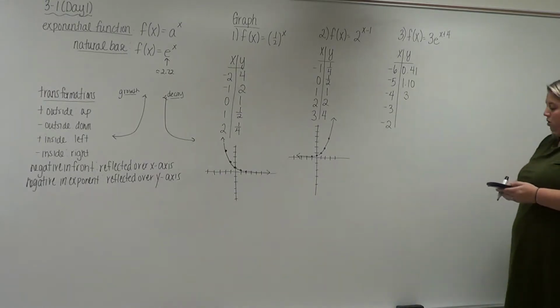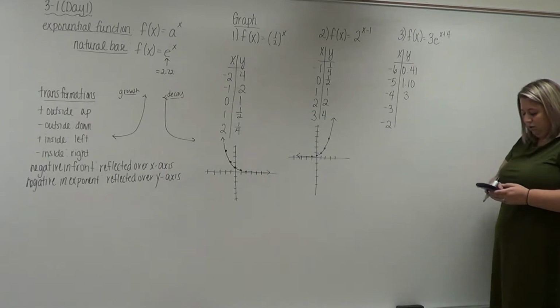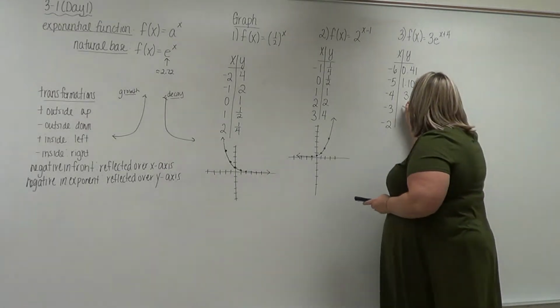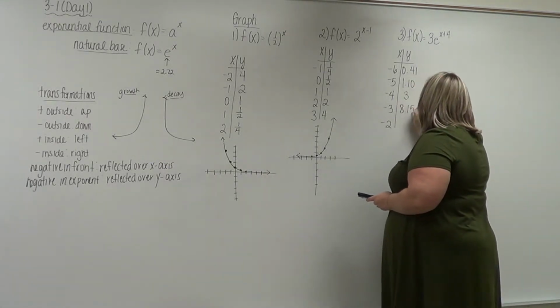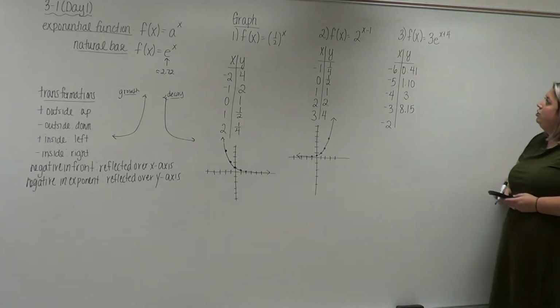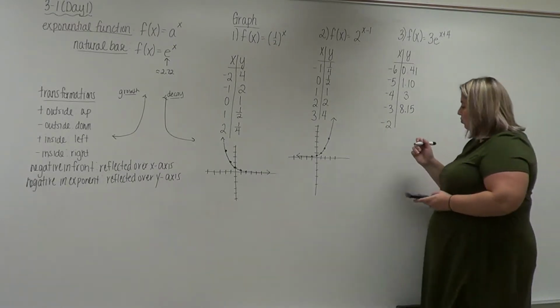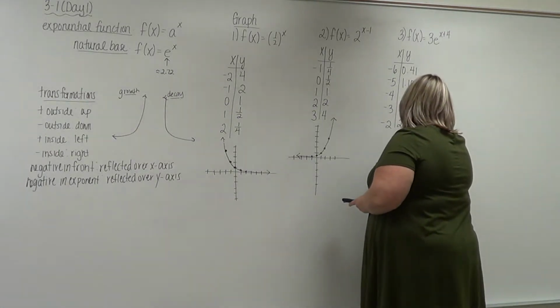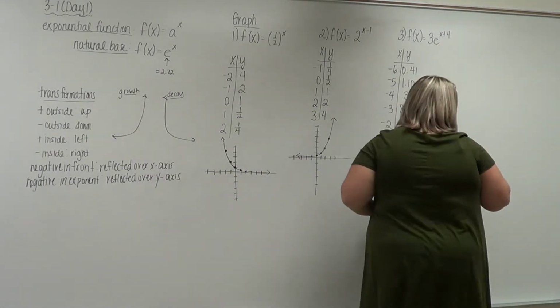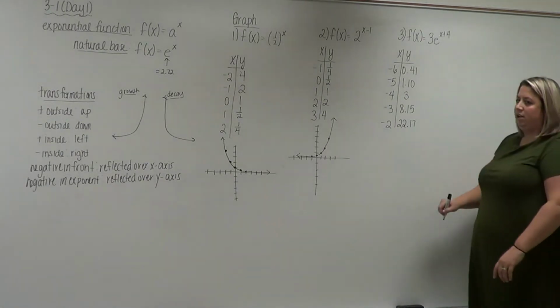-3 plus 4 is 1, e to the first times 3 is 8.15. And then -2 plus 4 is 2, so e to the second times 3, 22.17. Okay, I'm going to assume that your graphs don't go up that high. If you want to draw your graph that high, you can. As long as you have it in the t-chart, that's fine.